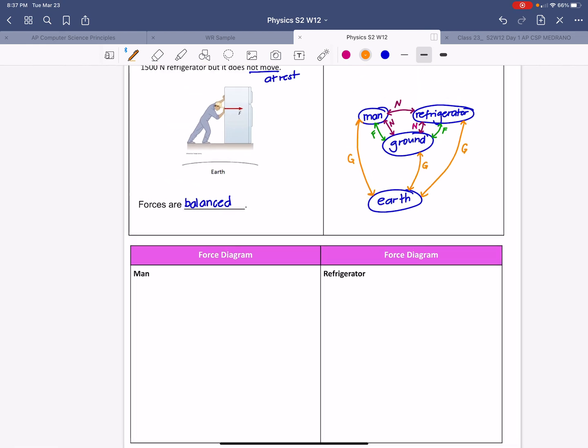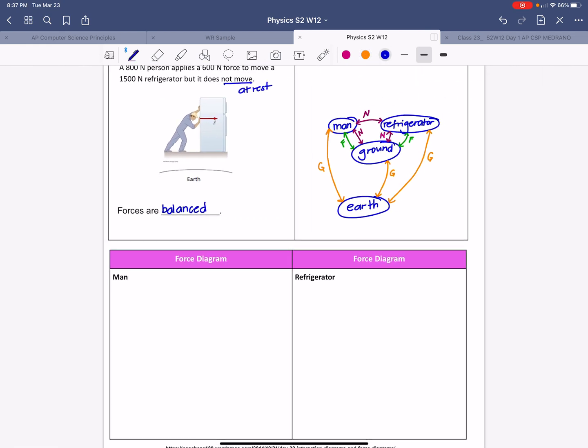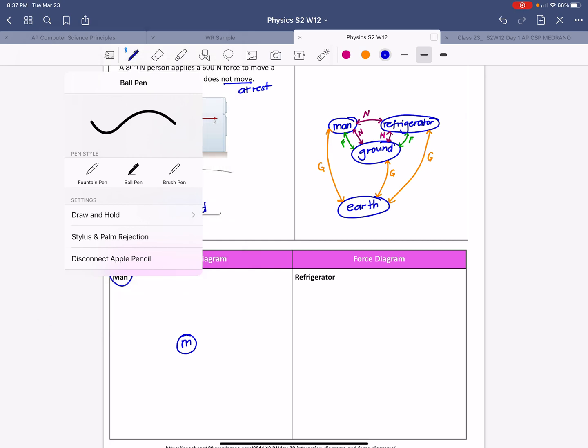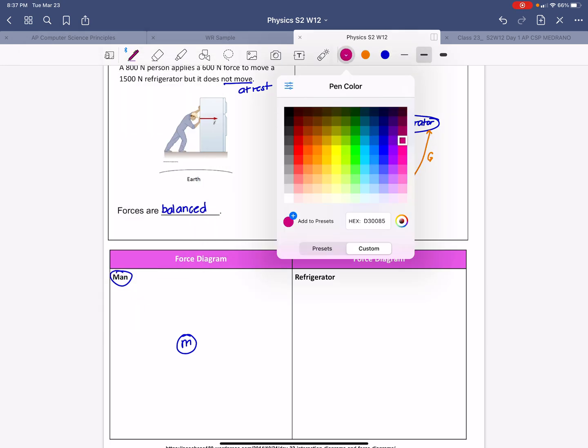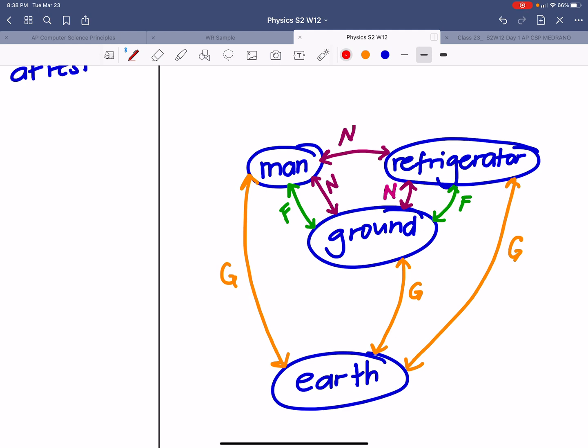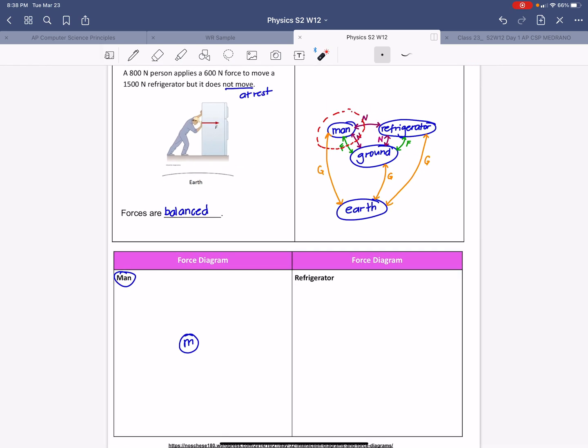Now for a force diagram, we see that this is going to be about the man, right? So we're going to take a look at all of the things that are interacting with the man. And so let's choose a red color to go around. Okay, so we're going to take a look, and we see that there are 1, 2, 3, 4 interactions that the man has.